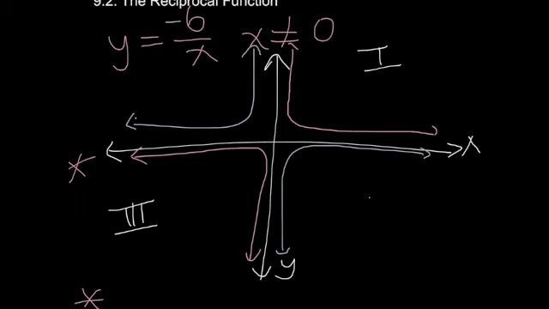And of course, they will never touch the x or y axis. And so, if you want, you can think of it as you're going from quadrant 1 over to quadrant 2, and you're going from quadrant 3 over to quadrant 4. And so the blue line shows the negative version of our function.